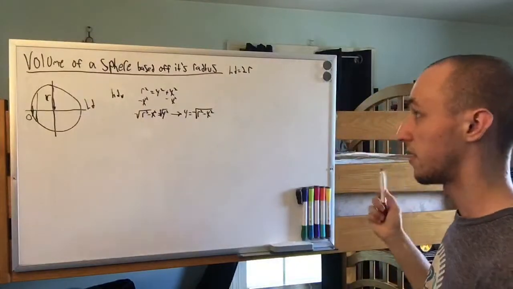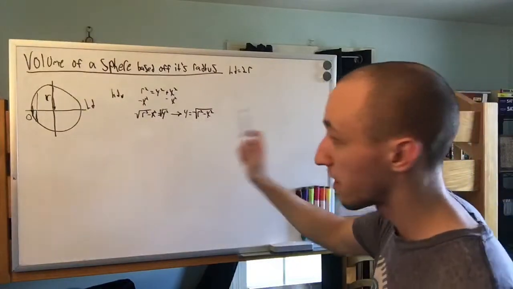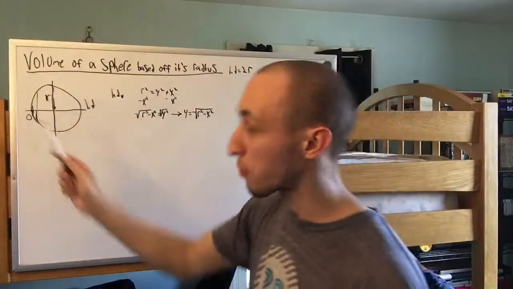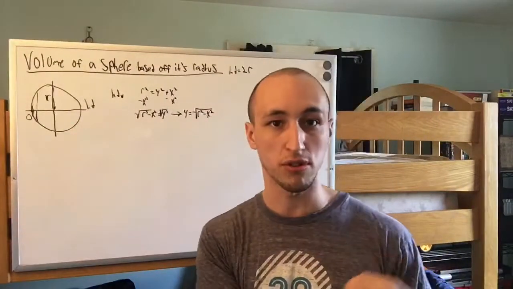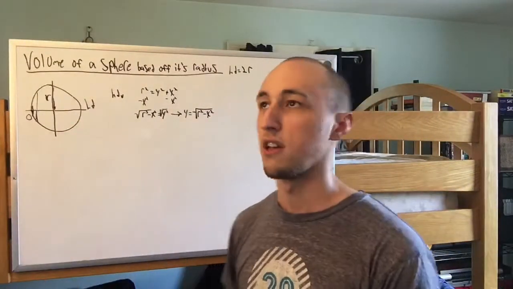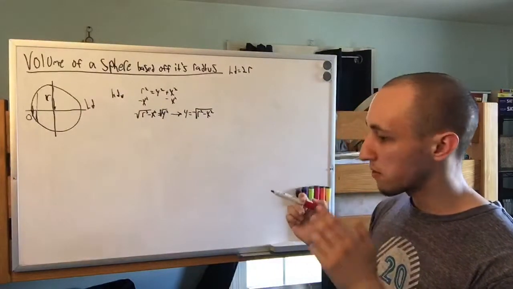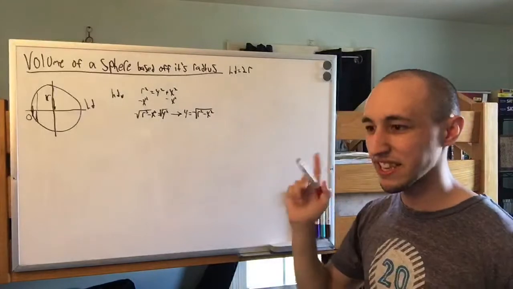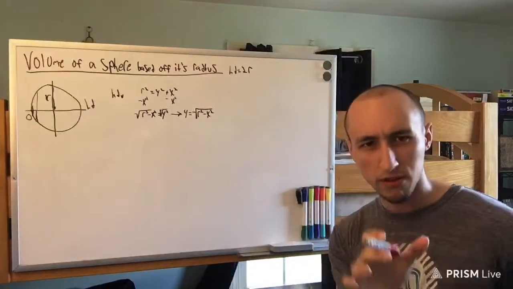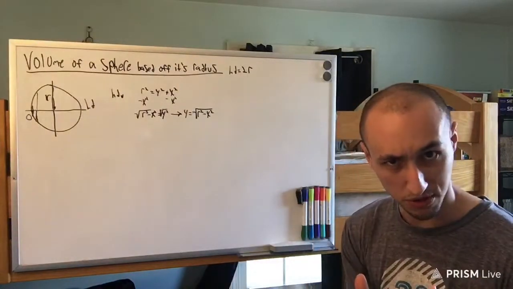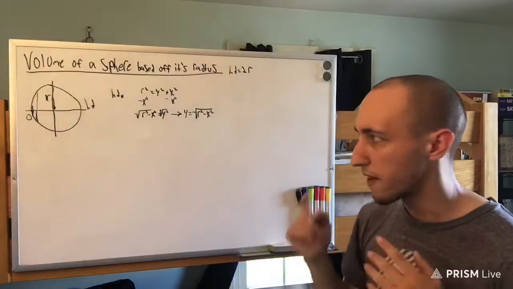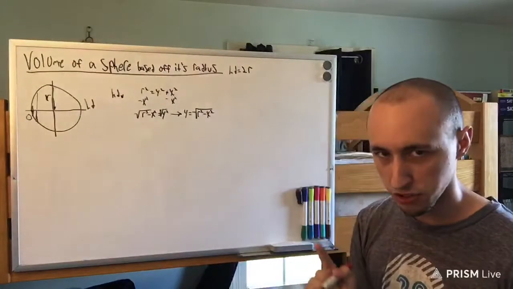Okay, so y, as we established, is equal to the radius of that cross-sectional circle of the sphere. So now, to figure out the formula for the area of a circle. What is that formula? That formula is pi r squared.